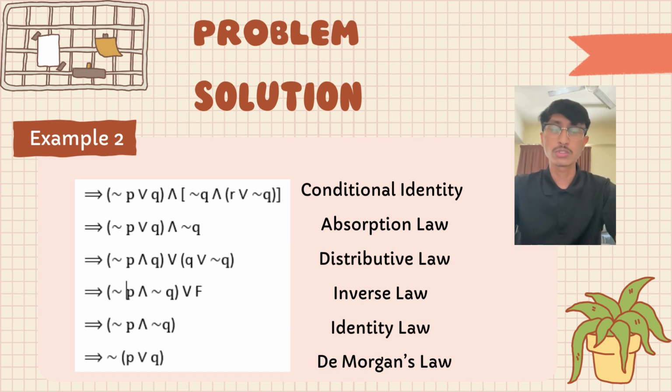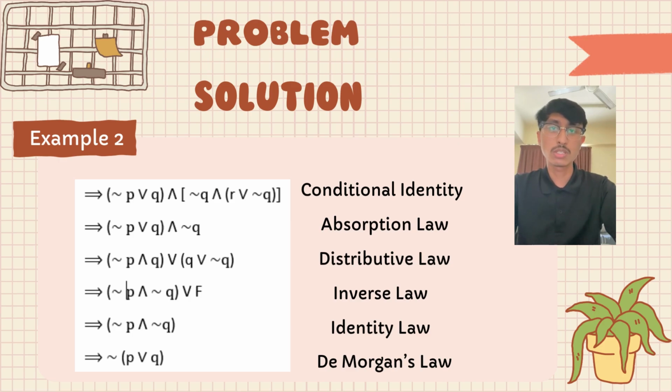First and foremost, for the first row, we need to use conditional identity law because P implies Q is equivalent to not P or Q. So the expression will be open bracket not P or Q, close bracket, and open bracket not Q, and open inner bracket R or not Q, close inner bracket, close bracket.